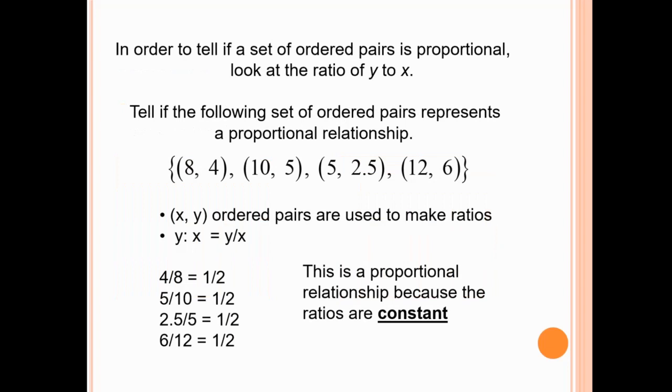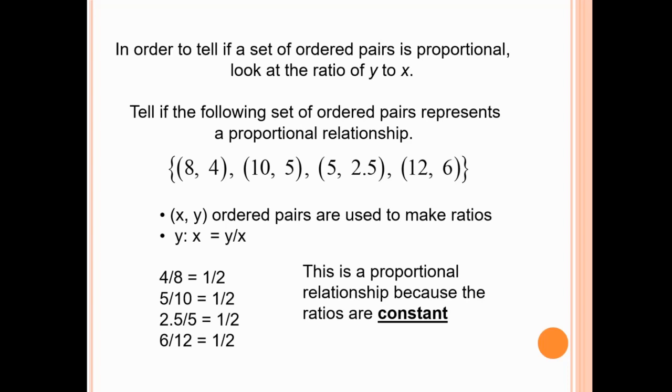All right, so here's some more explanation. If you're just looking at the ordered pairs, in order to tell if a set of ordered pairs is proportional, you have to look at the ratio of y to x. This is the explanation for the table that we saw earlier, but instead of a table, we're just looking at ordered pairs.